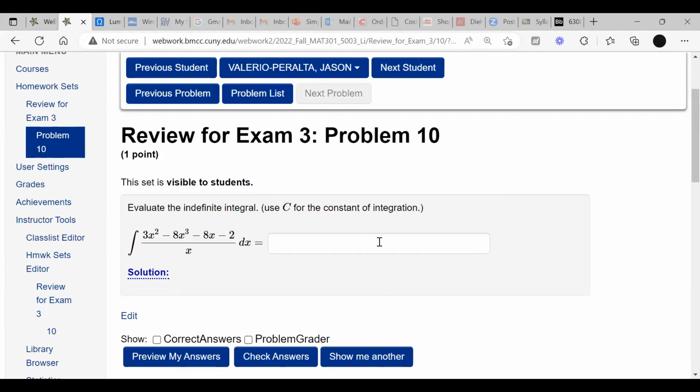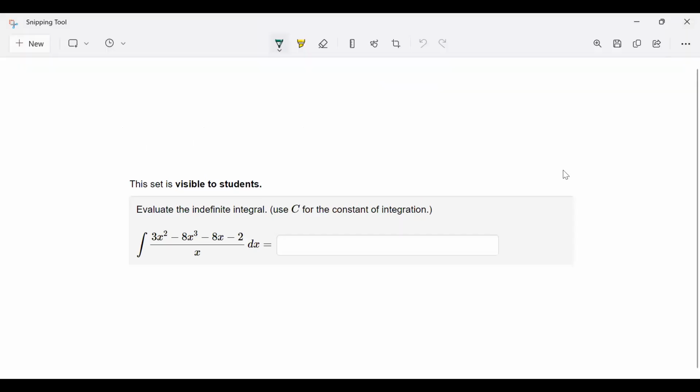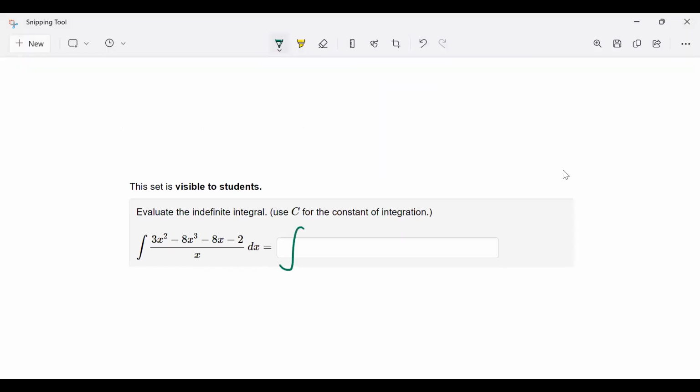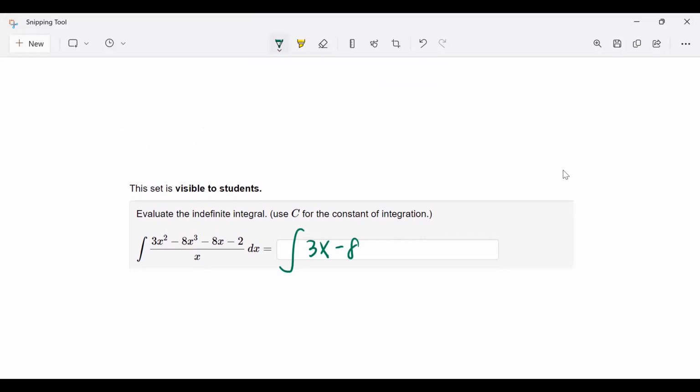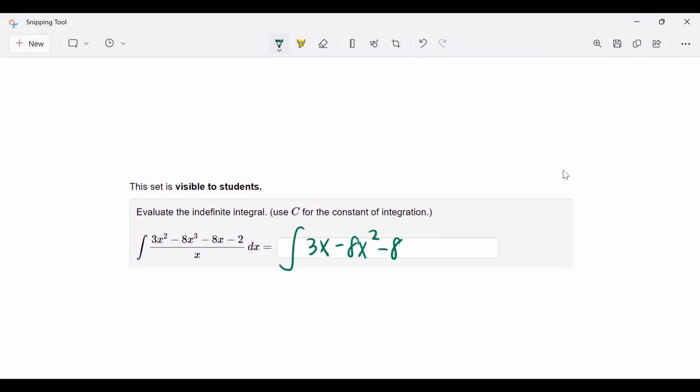All right, so let me full screen. So this one we're going to divide through one by one, right? So divide everything by x. Share the screen with you. So first one, we get 3x, right? Second one is 3x squared. Third one is just 8.